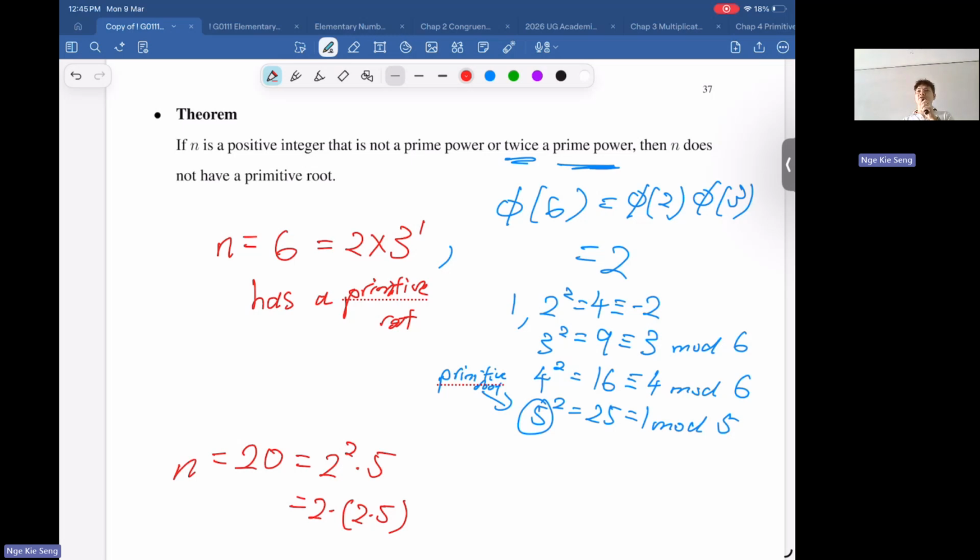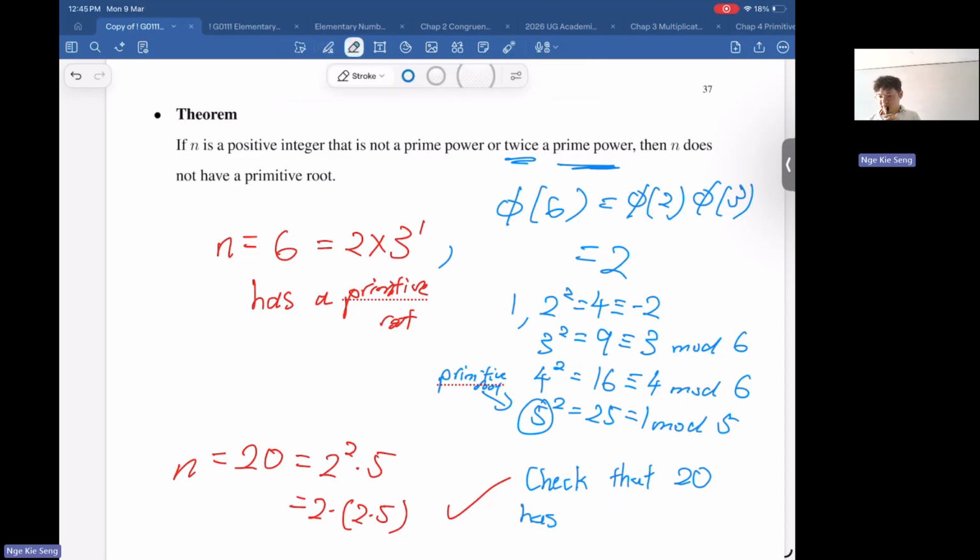You can go back and check. Is it true that it doesn't have a primitive root? I think this one works. Try and check that 20 has no primitive root.